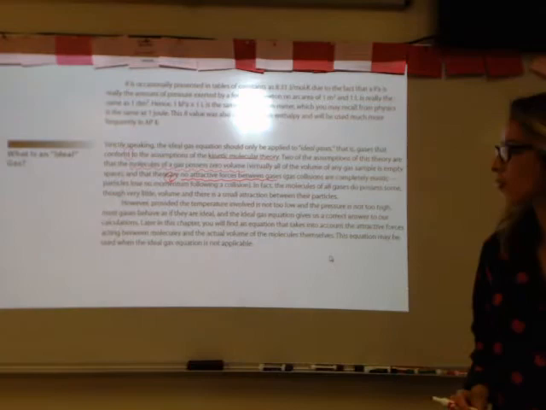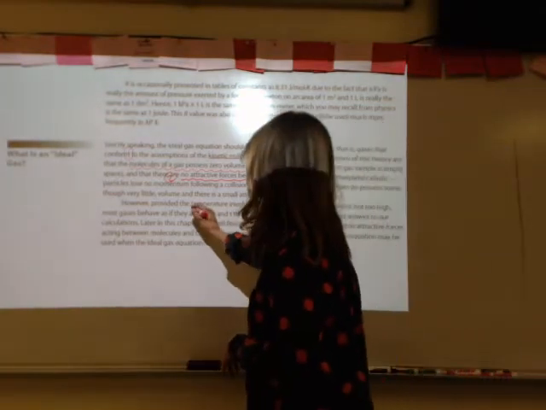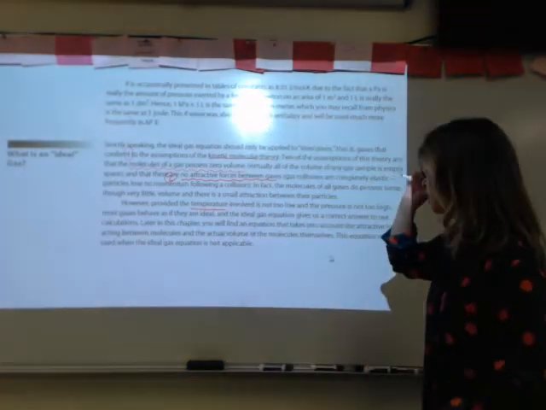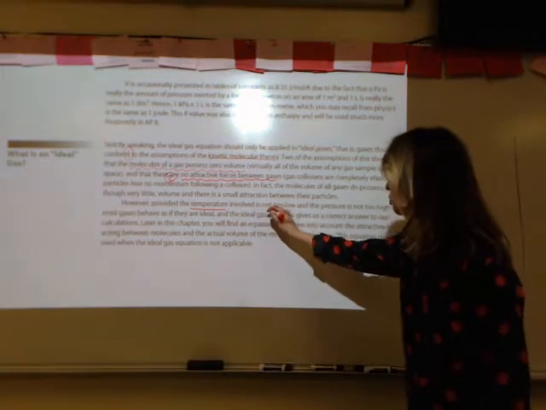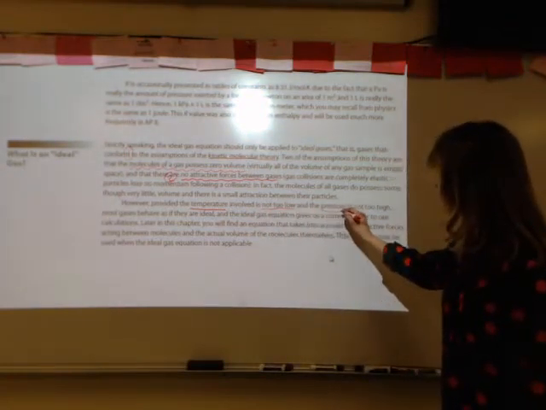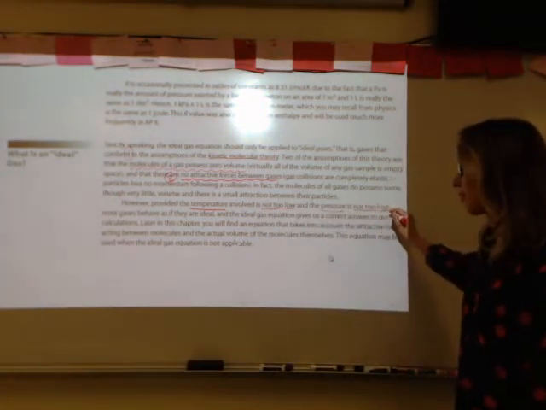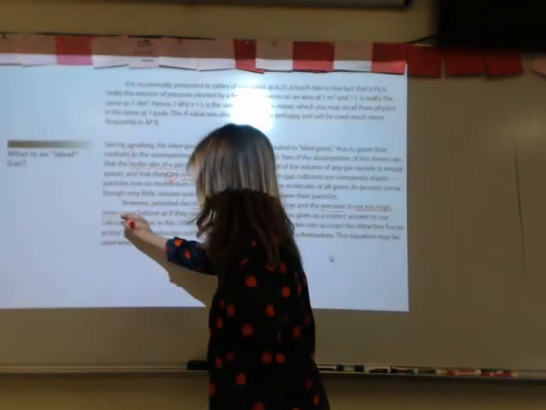Now, let me talk about the temperature first. If the temperature is not too low and the pressure is not too high, most gases behave as if they are ideal, and that ideal gas equation is going to give you the correct answer, okay?